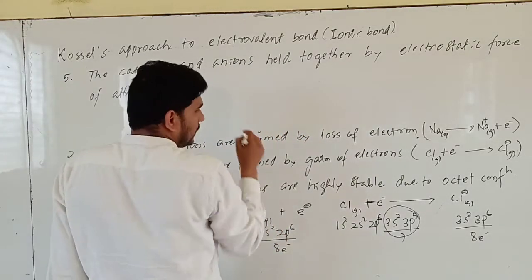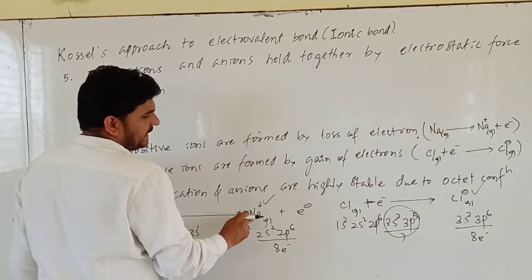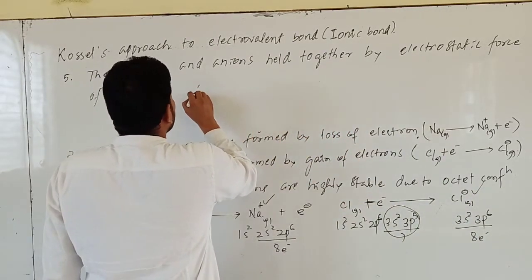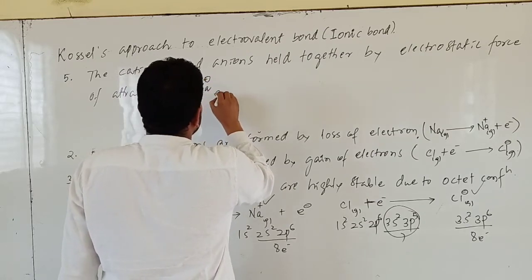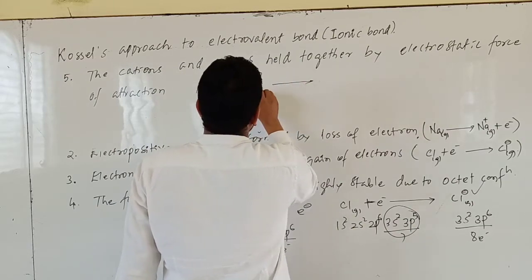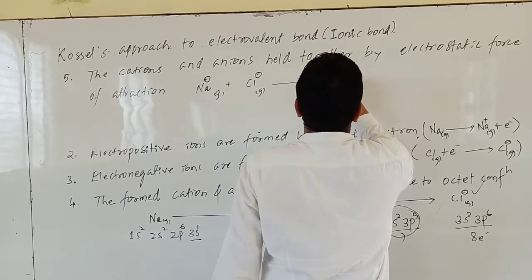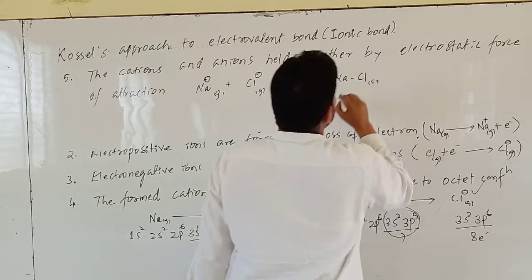Now over here, cation is formed and anion is formed. This Na plus and Cl minus link each other. How do they link? They link each other by an attractive force. That attractive force is nothing but an electrostatic force. It becomes what? NaCl solid.